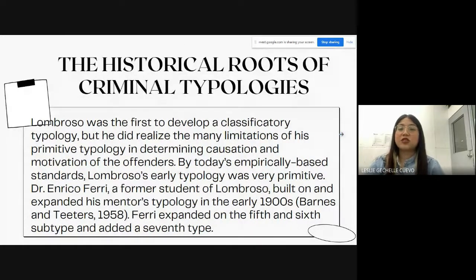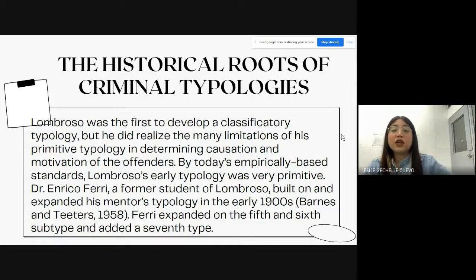Lombroso was the first to develop a classificatory typology, but he did realize the many limitations of primitive typology in determining causation and motivation of the offenders. By today's empirically based standards, Lombroso's early typology was very primitive.